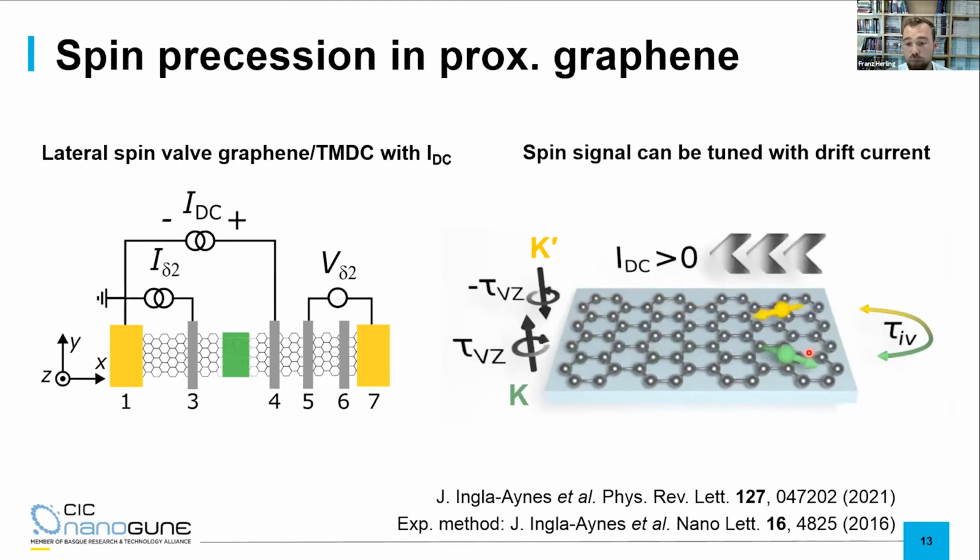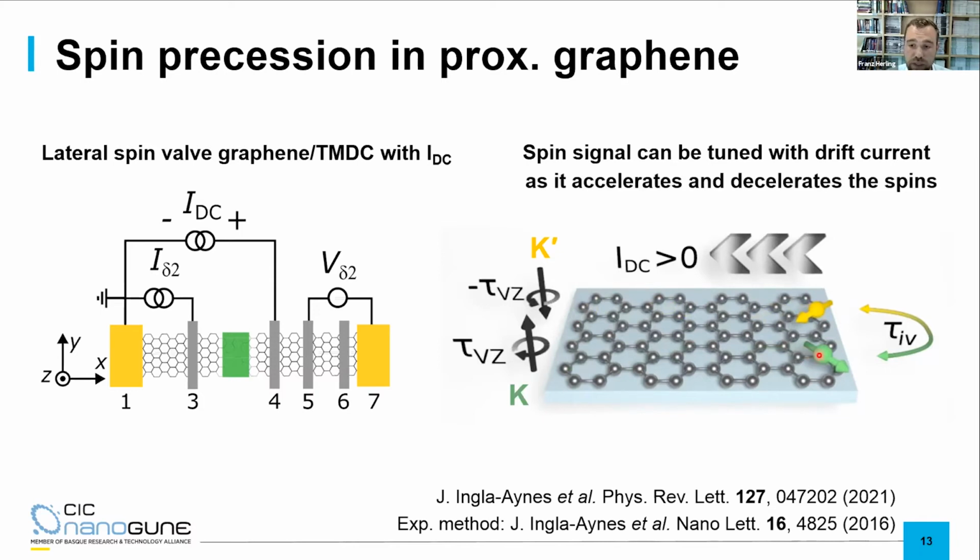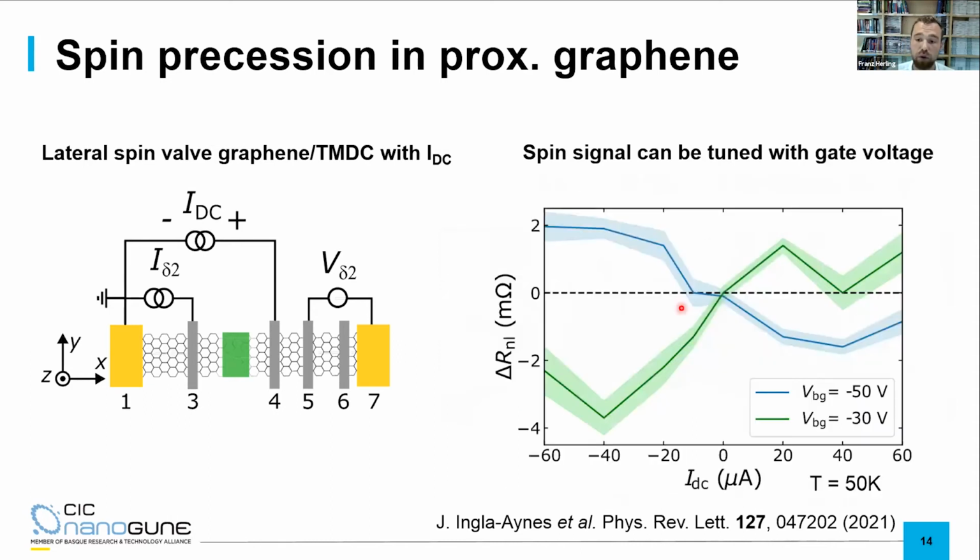And they precess so much that we again measure this negative lateral spin valve signal here. So essentially with the DC current, we can tune the lateral spin valve signal. If you look here at the blue curve, we can see that we can tune from a positive sign to a negative sign by applying the DC current in the channel.